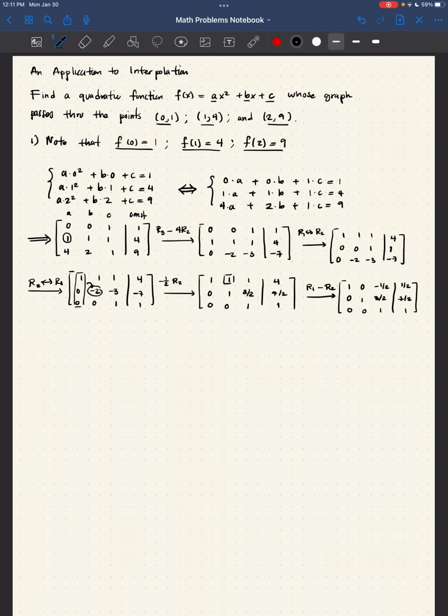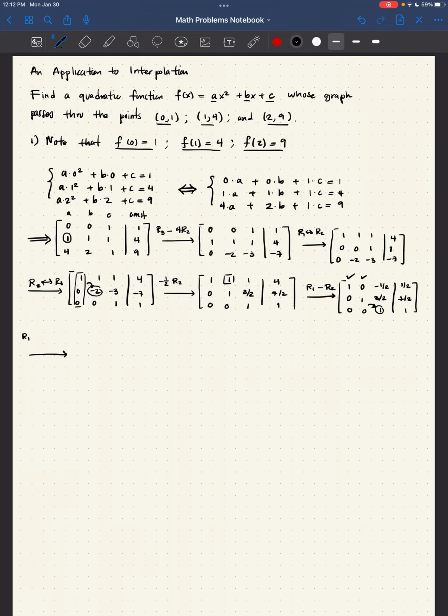Okay, so now both this column and this one are in the form that we want, and we move to this one, and now we can use this as a pivot to eliminate. I'm going to signify two operations in a single step, each applied on different rows.